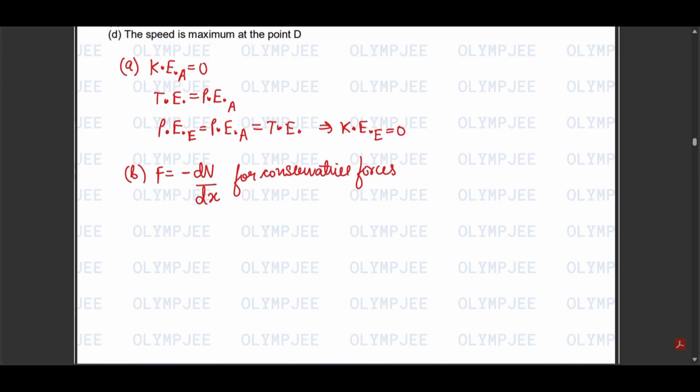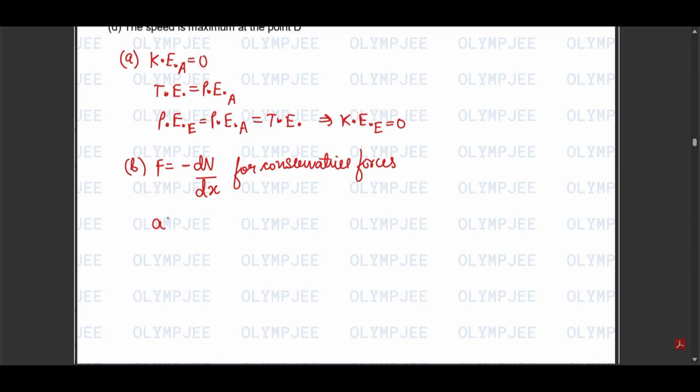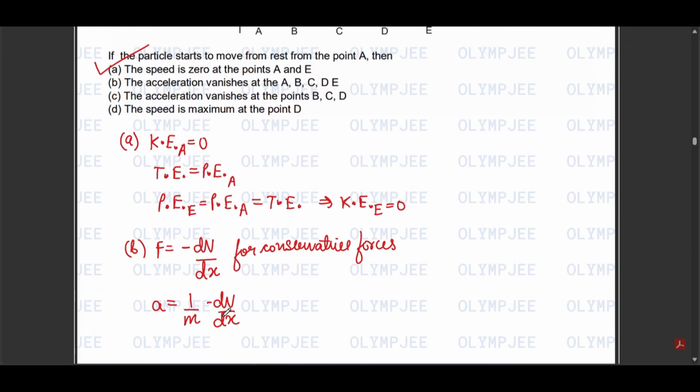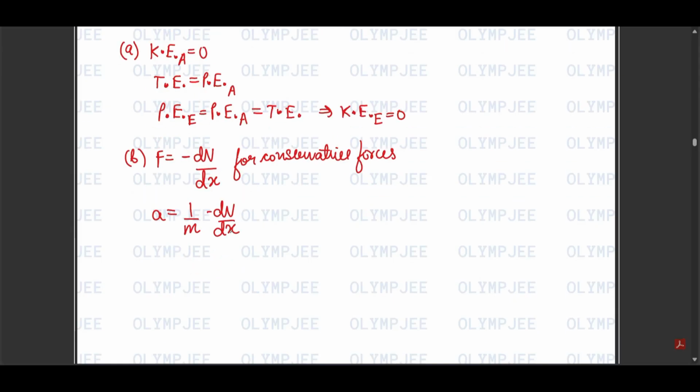So from here we get that acceleration can be given as 1 by m times minus dV by dx, right? So the acceleration will vanish wherever dV by dx is equal to 0, right?